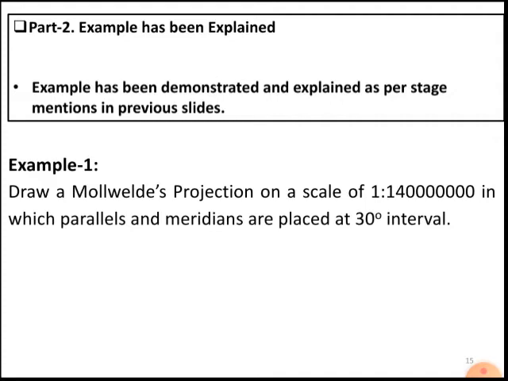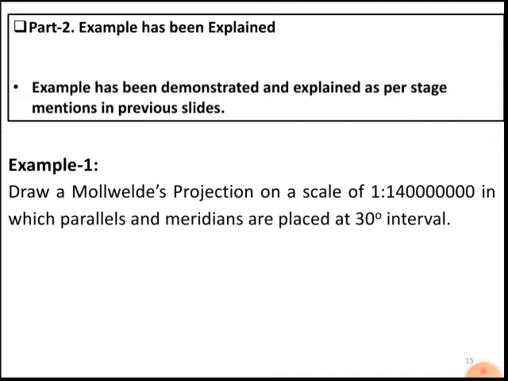The example has been demonstrated and explained as per the stages mentioned in the previous slides. So what is the example? I have taken a very simple example: draw the Mollweide projection on the scale of 1:1400 lakh centimeter, in which parallels and meridians are placed at a 30-degree interval.